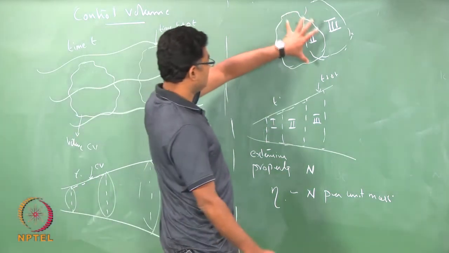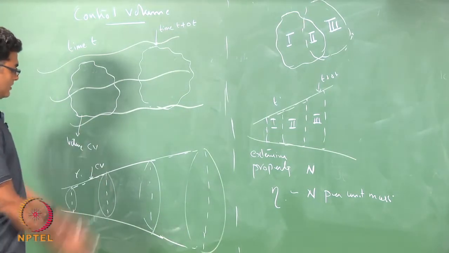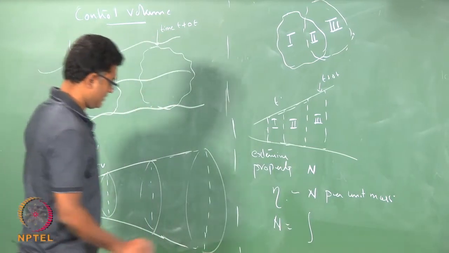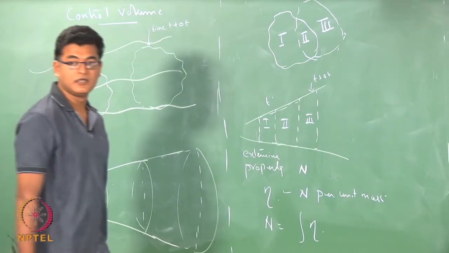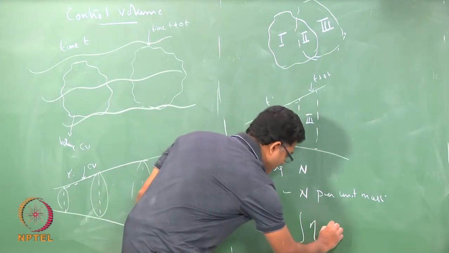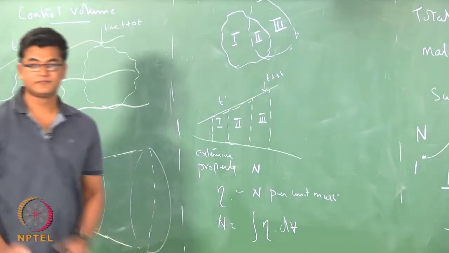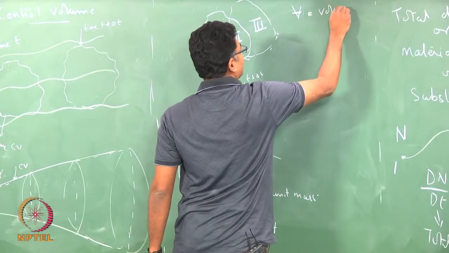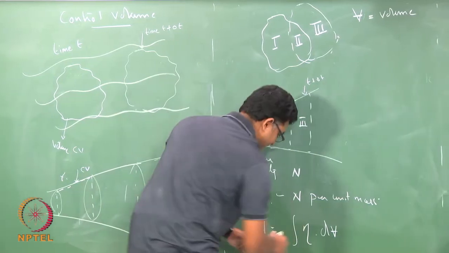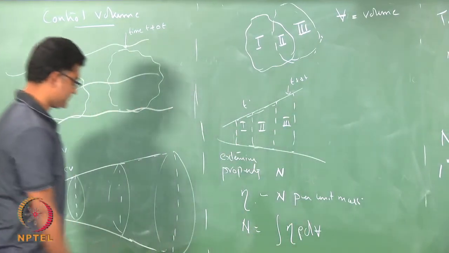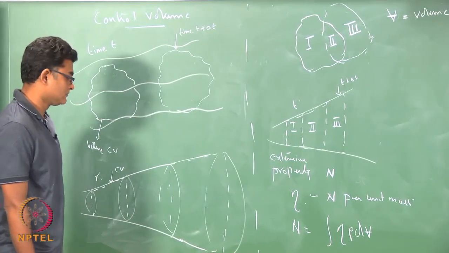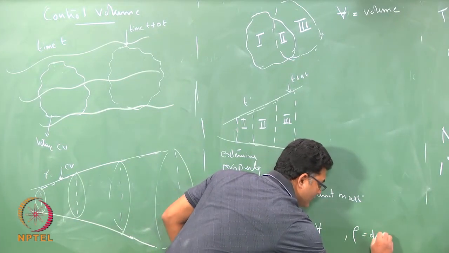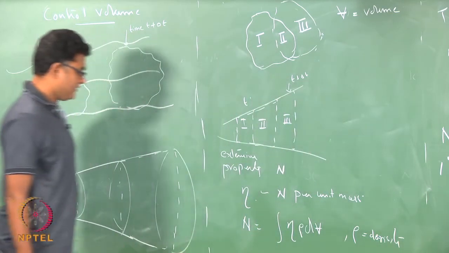So, if this is my control volume or a given mass, your N is now defined as the integral of eta dV over the volume, where rho is the density of the fluid.